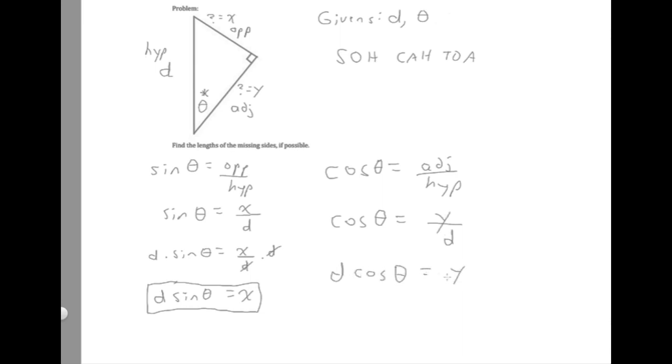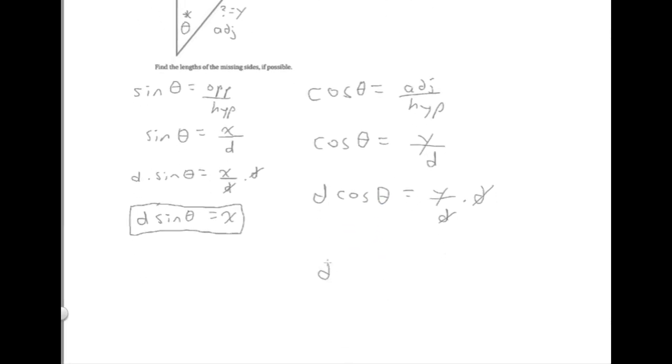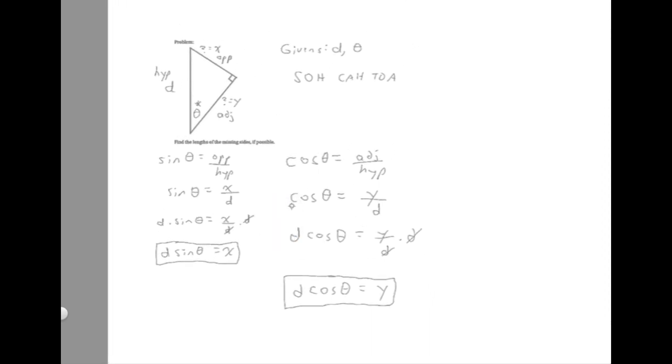We need to get the y by itself. If you needed to use this in another part of the problem, you might want to build this information now into your sketch. Okay, so now we've solved the problem.